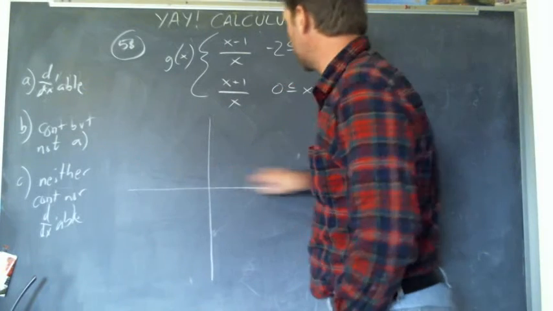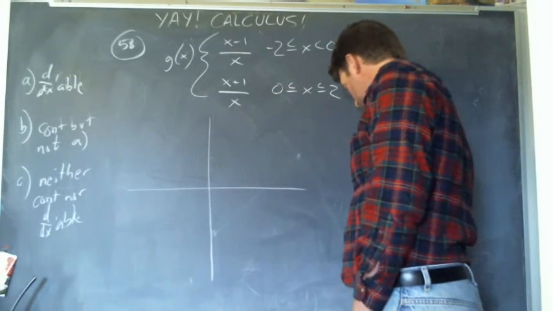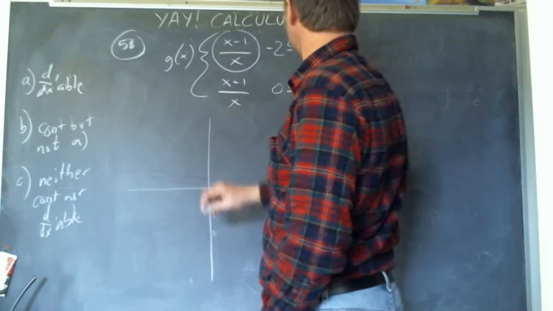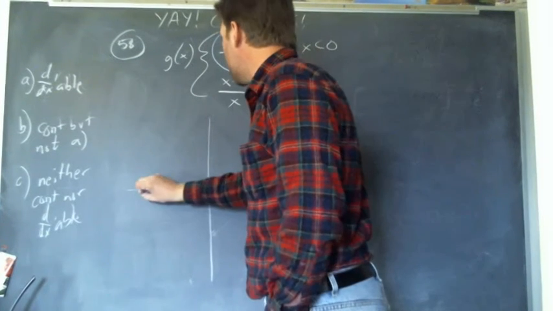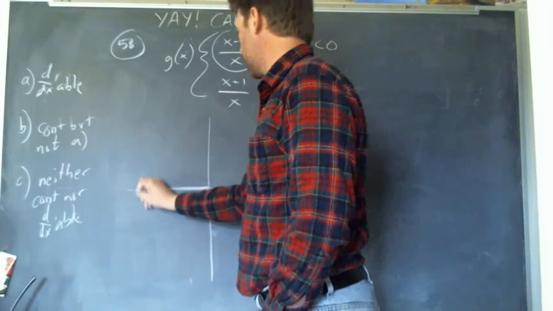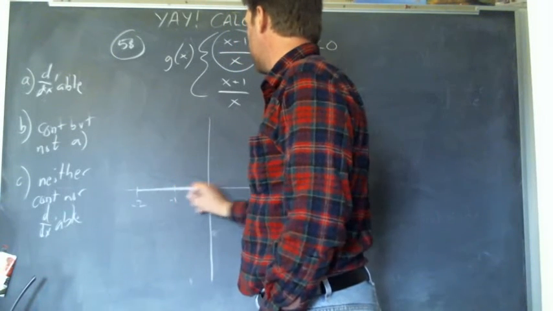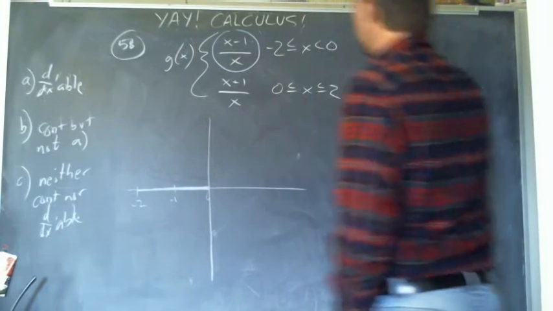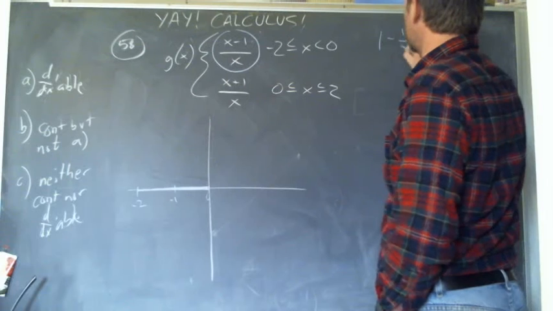So let's look at each one of these. We do this one in blue from negative 2 to 0. So we're talking about this part of our x: negative 2, negative 1, 0. And it's x minus 1 over x, so that's just 1 minus 1 over x.